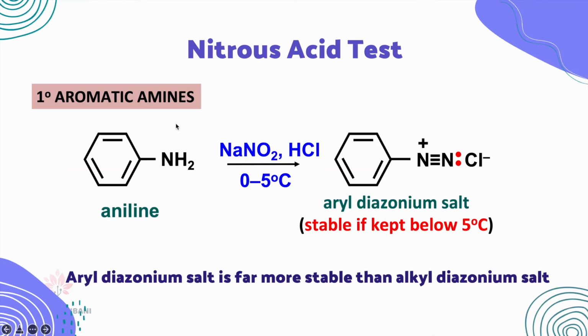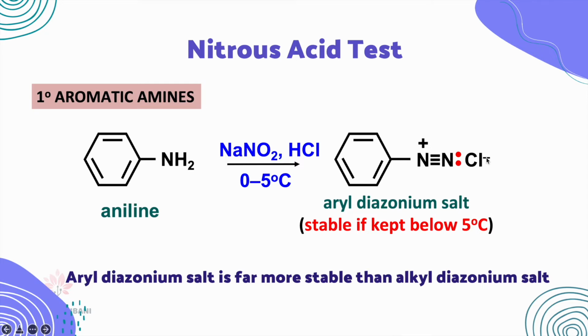For aromatic amines that undergo the nitrous acid test, for example, aniline, NaNO2, HCl, 0 to 5 degrees Celsius temperature, it will form aryl diazonium salt. Aryl diazonium salt, the N triple bond N, N plus, Cl minus. The N plus is this N, Cl minus.